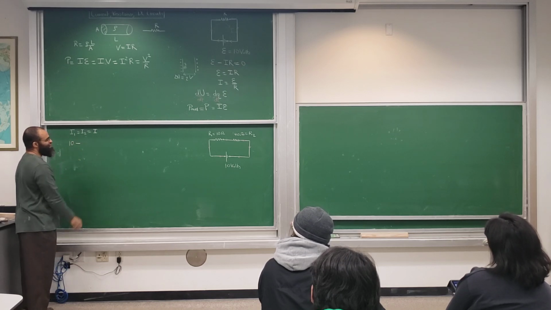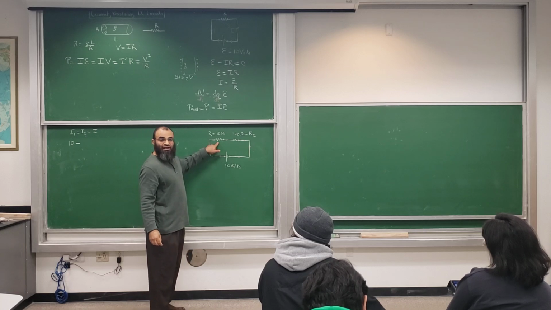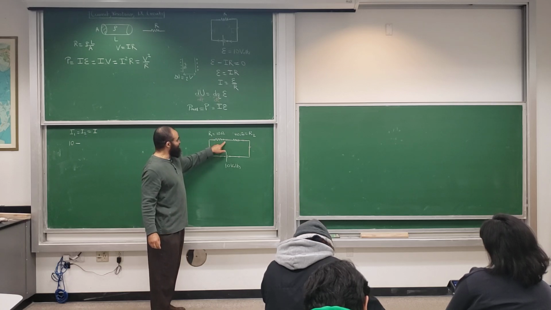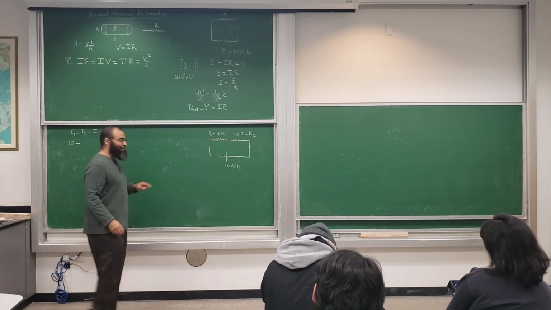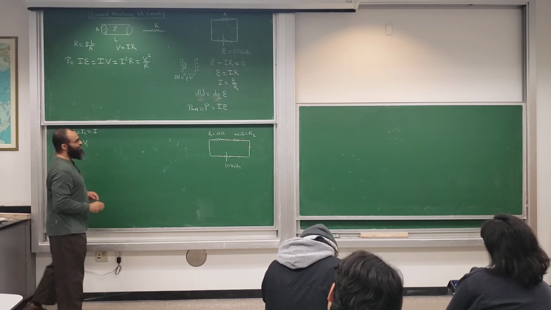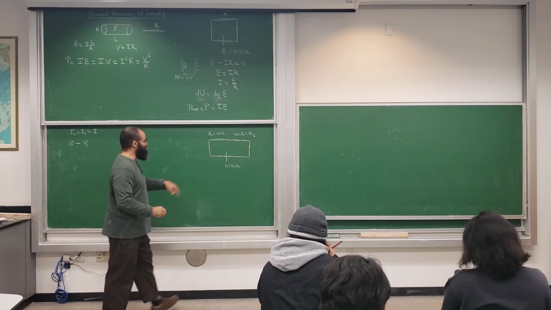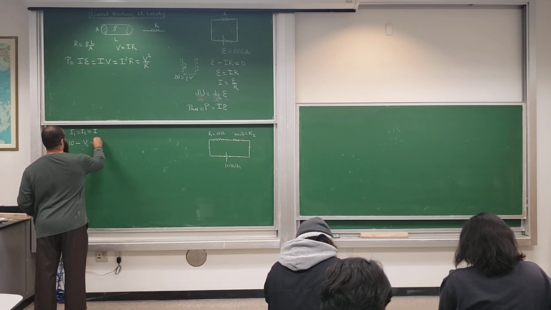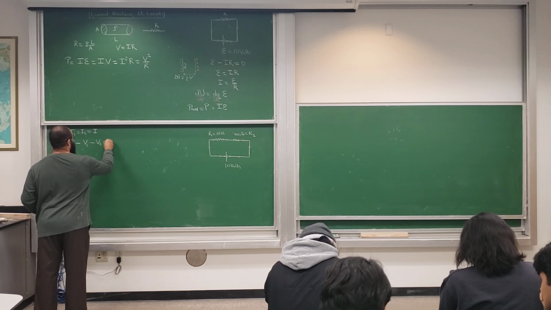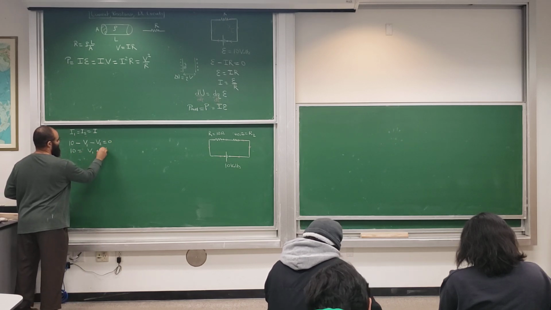So minus V1, the potential difference across R1, and then minus V2, and then back to 0. So we get 10 is equal to V1 plus V2, right?